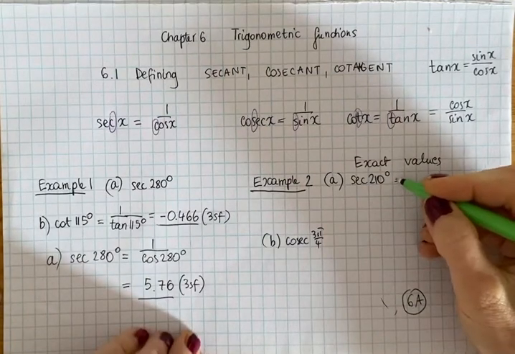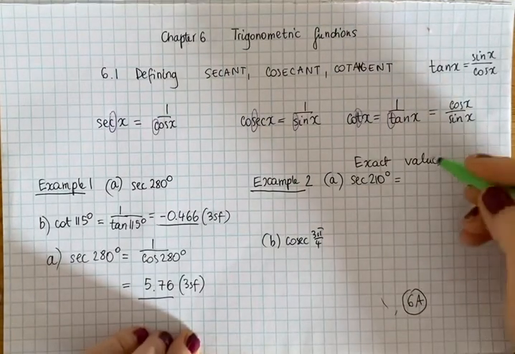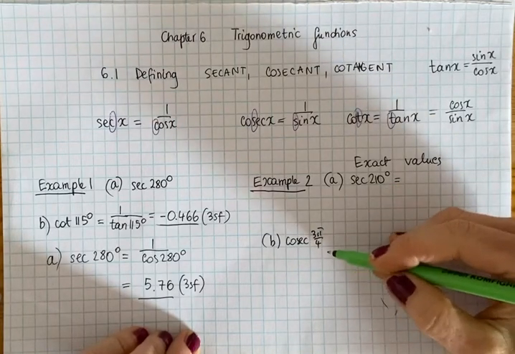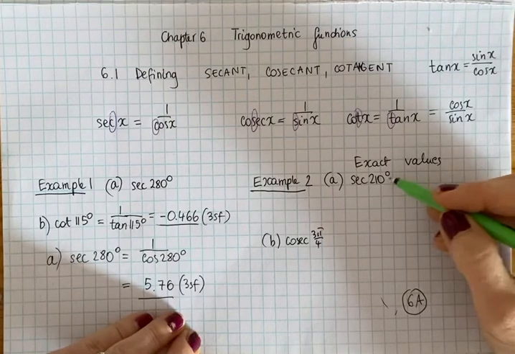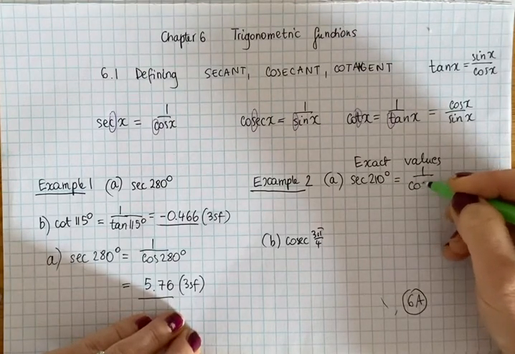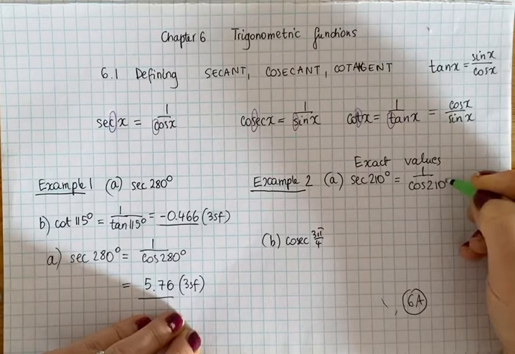Okay, now in example 2, we've been asked to find exact values of sec 210 and cosec 3 pi over 4. So in order to do that, let's use the definition for sec, which is 1 over cos 210 degrees.